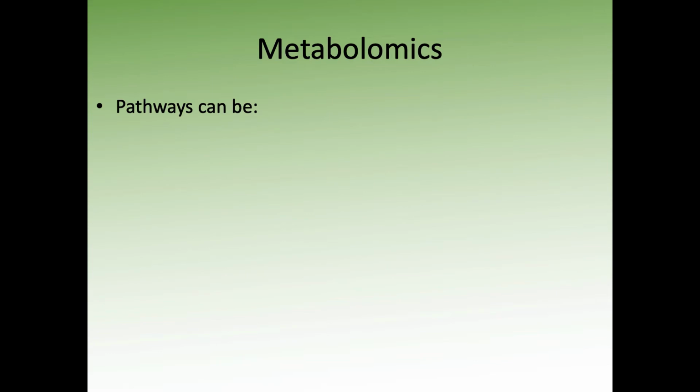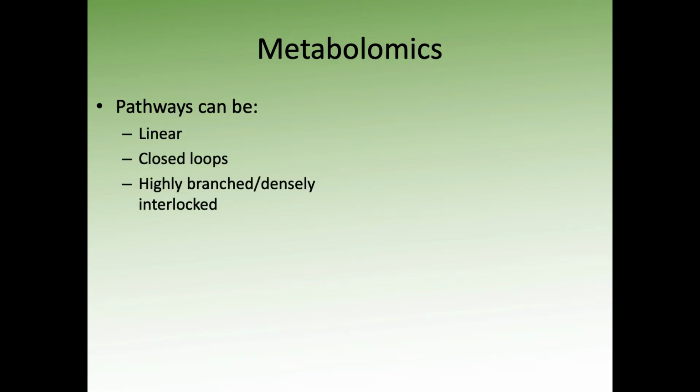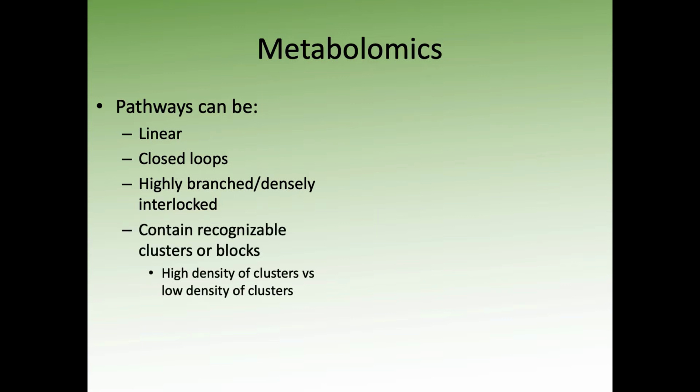So when we think about pathways, what are our options? There are a couple different things we could consider, right? Pathways could be linear, they could be closed loops, they could be highly branched and densely interacting. They could be all these kinds of things. They could also contain recognizable clusters or blocks, so they could be modular in their nature.